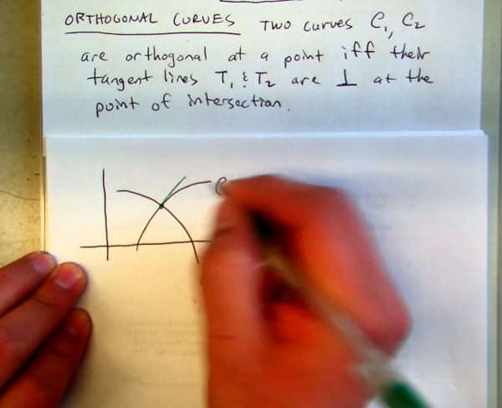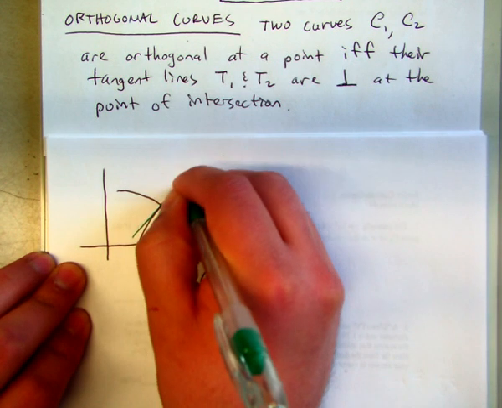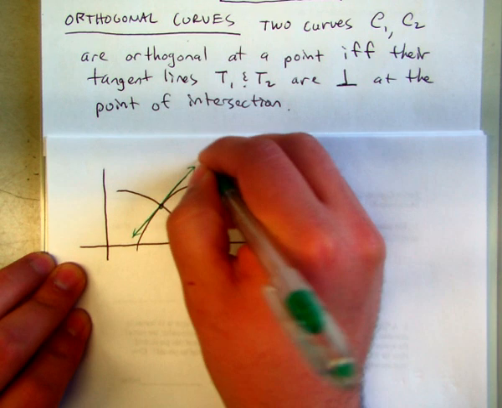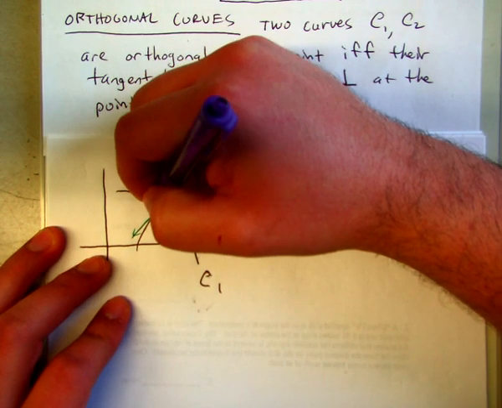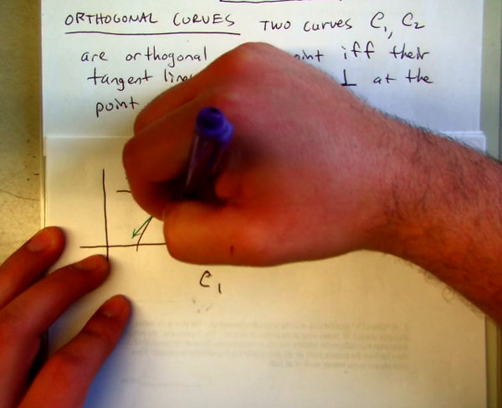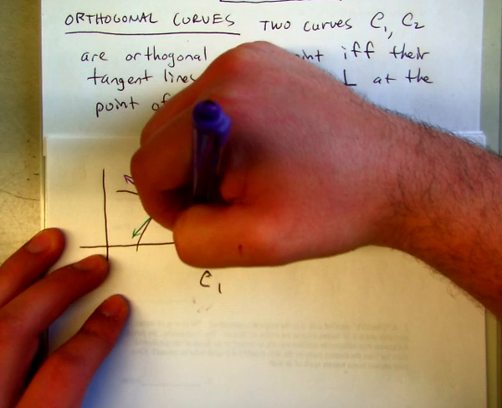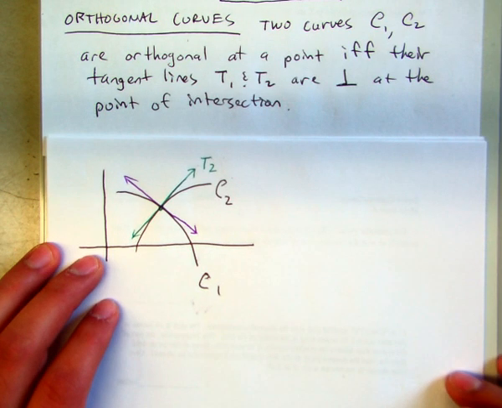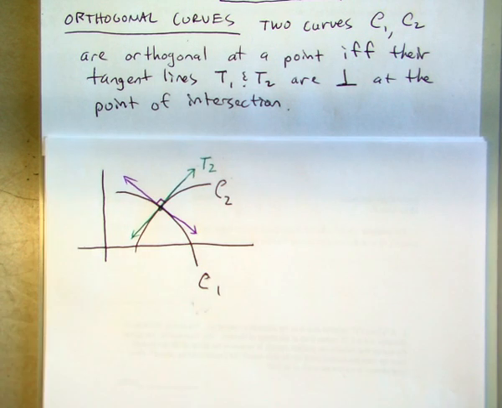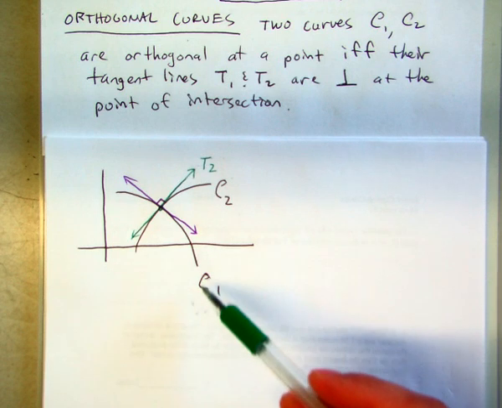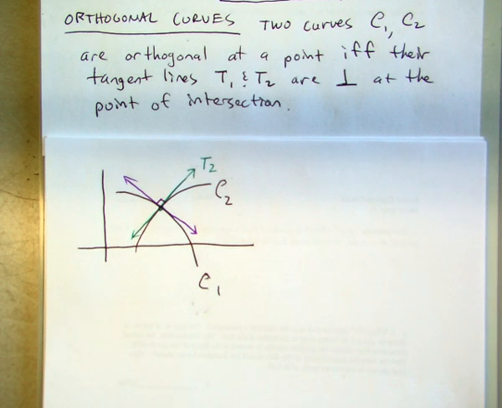So let's say this would be T2. And then the tangent line for the first curve looks something like this. Okay, as long as these two tangent lines are perpendicular, then C1 and C2 will be orthogonal, and vice versa. If we know they're orthogonal, then that means that the tangent lines of those two curves will be perpendicular. Okay?